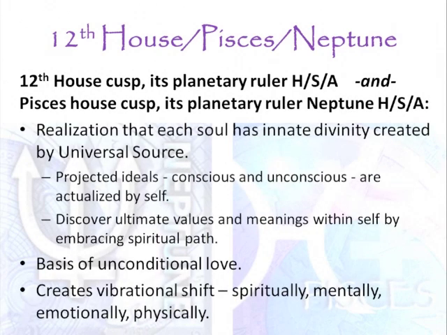So what we have is this realization that each and every soul has an innate divinity that has been created by Source itself. And so anything we want to project as an ideal, conscious and unconsciously, onto the partner can be met by ourselves, actualized by ourselves.